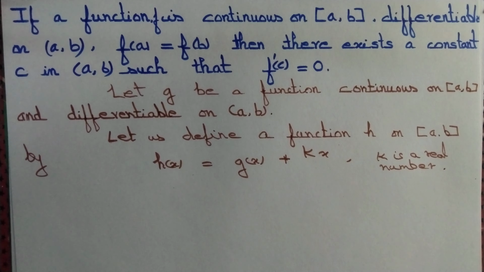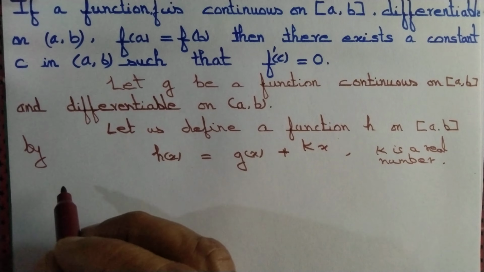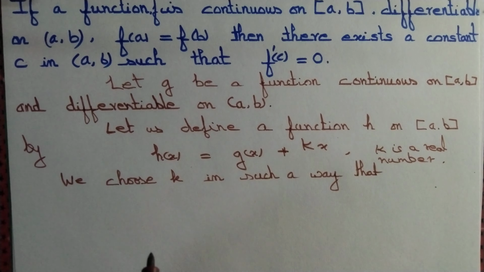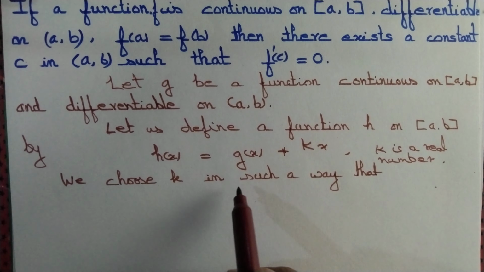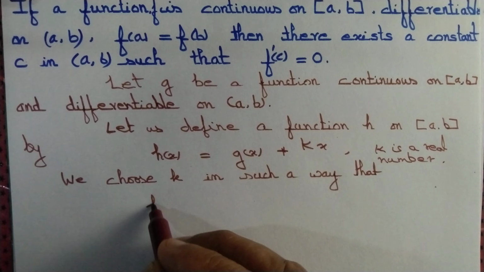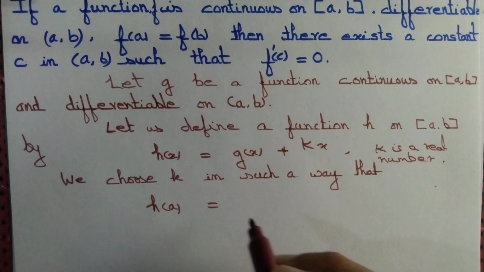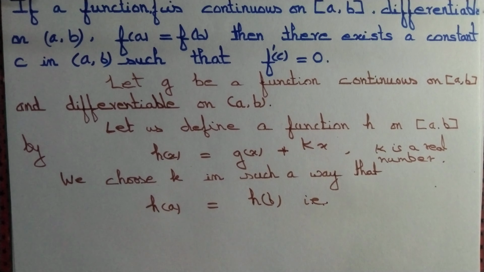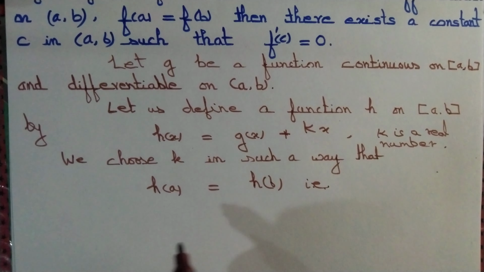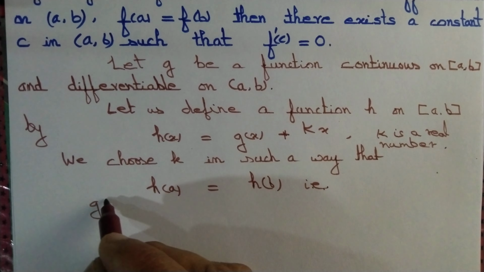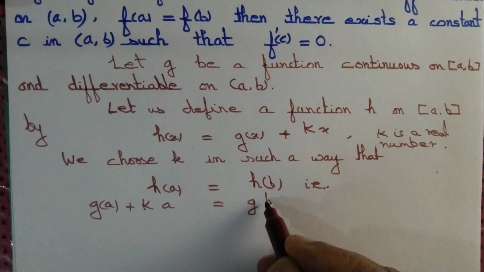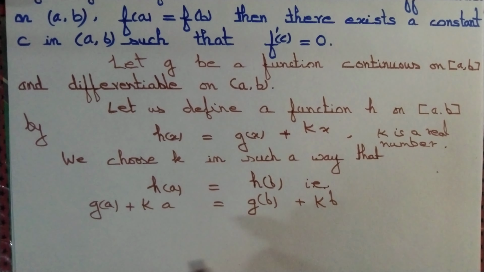We want to apply Rolle's theorem, so we choose k in such a way that h(a) turns out to be equal to h(b). That is, g(a) + k times a is exactly equal to g(b) + k times b.